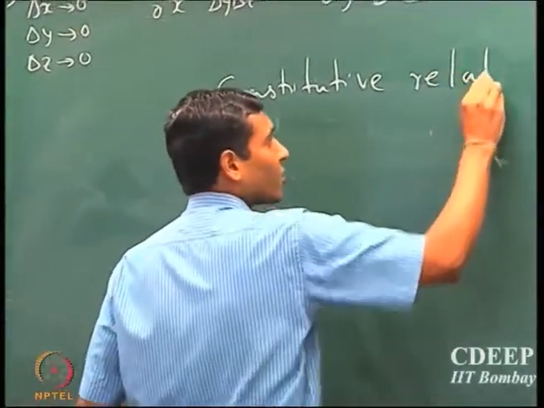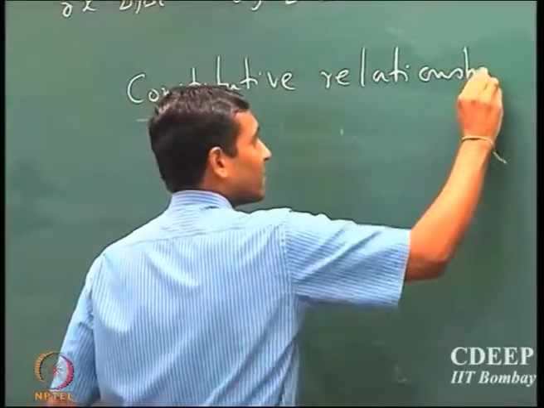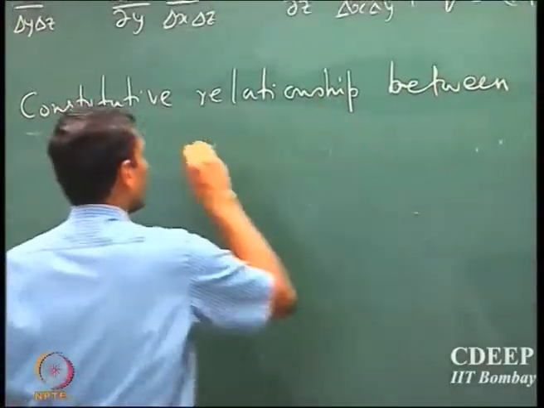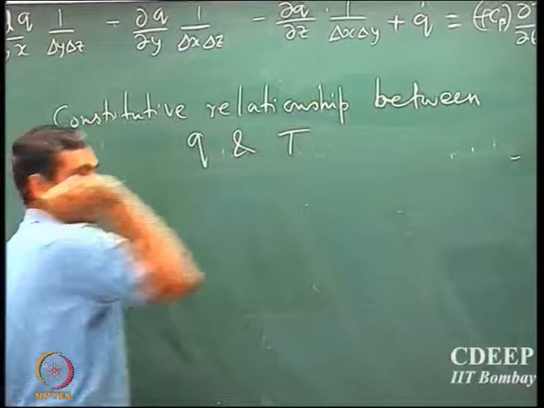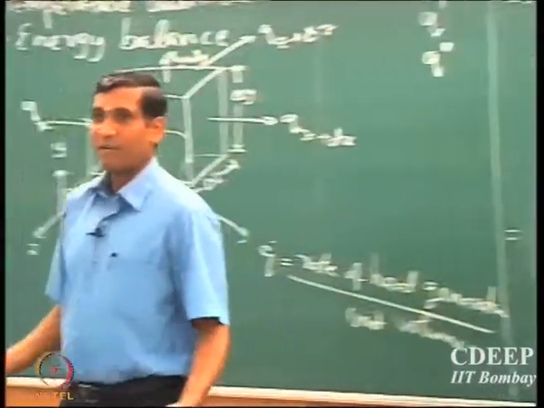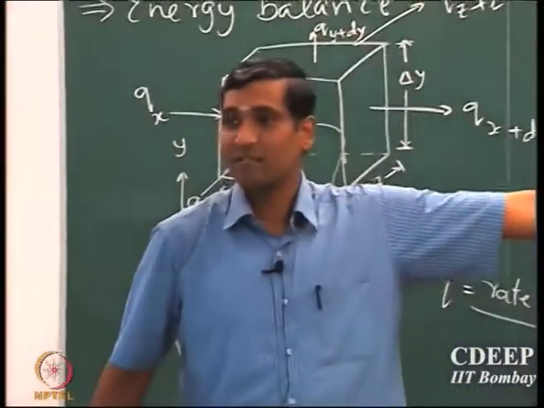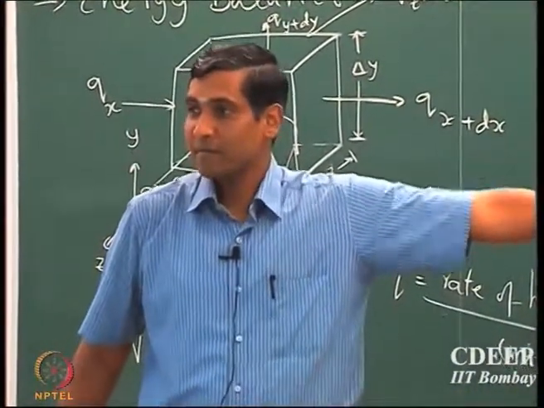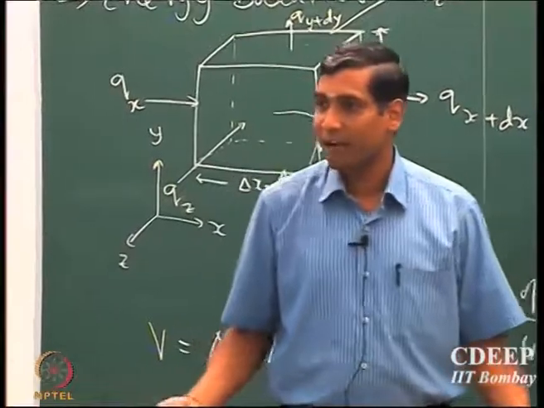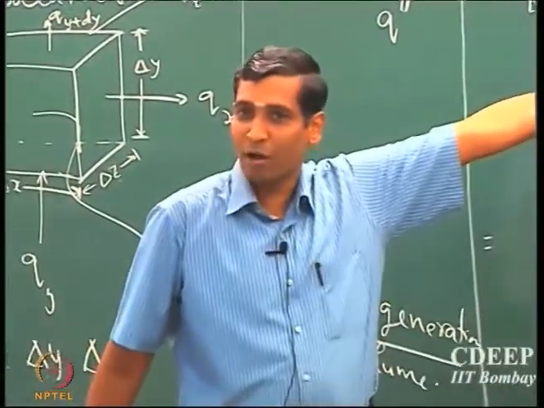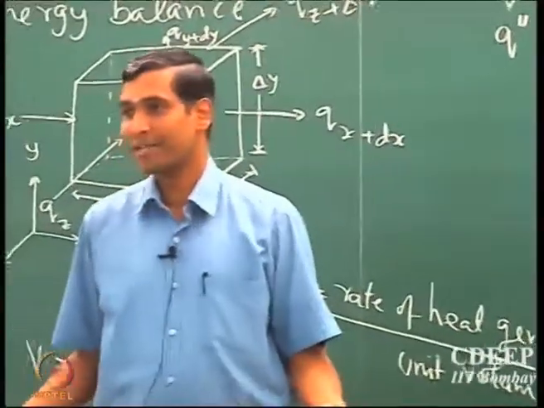If we know the constitutive relationship between Q and temperature, we are done. So if we know the constitutive relationship between the transfer rate and the temperature, then we have completely described the temperature distribution. We don't know the distribution because we have to solve the equations, but we have described it completely.